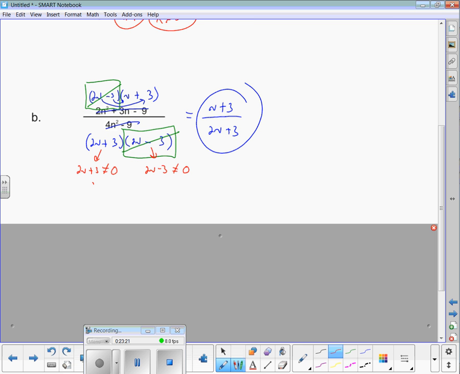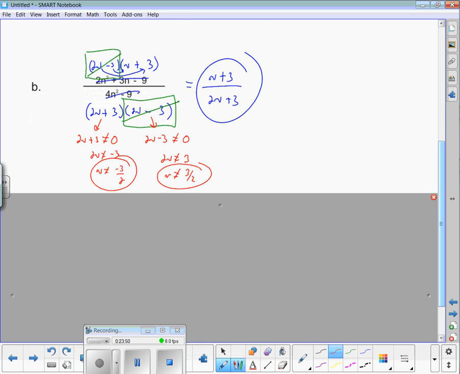Add a negative 3 to both sides. Divide both sides by 2. N cannot be negative 3/2. The one on the right, add a positive 3 to both sides. Divide both sides by 2. N cannot be 3/2. All right. There's the simplified version, and there are the two excluded values in this problem.